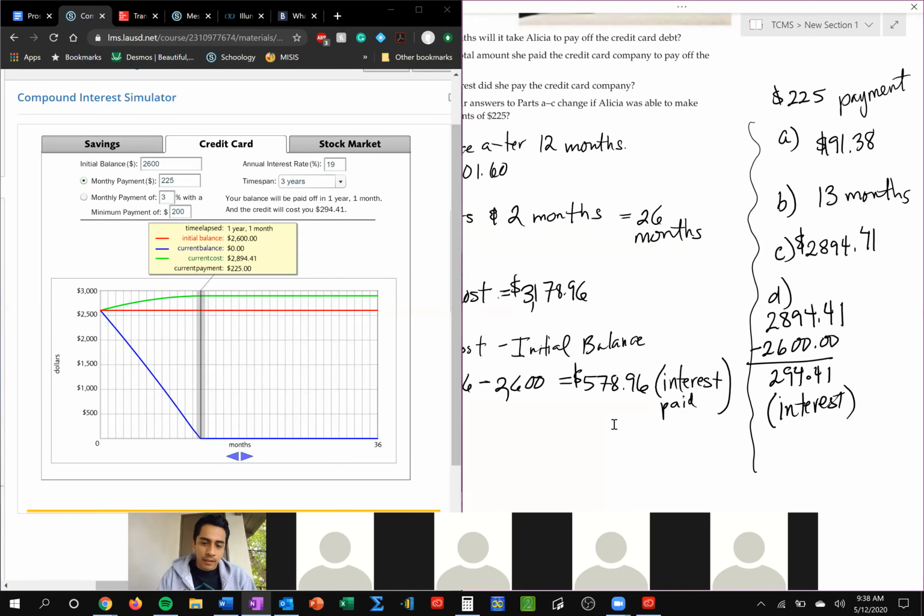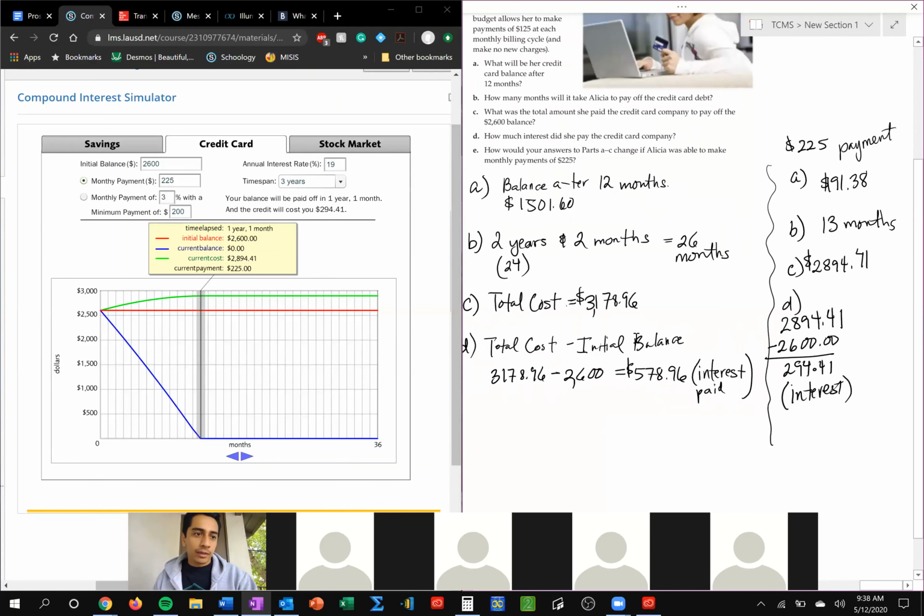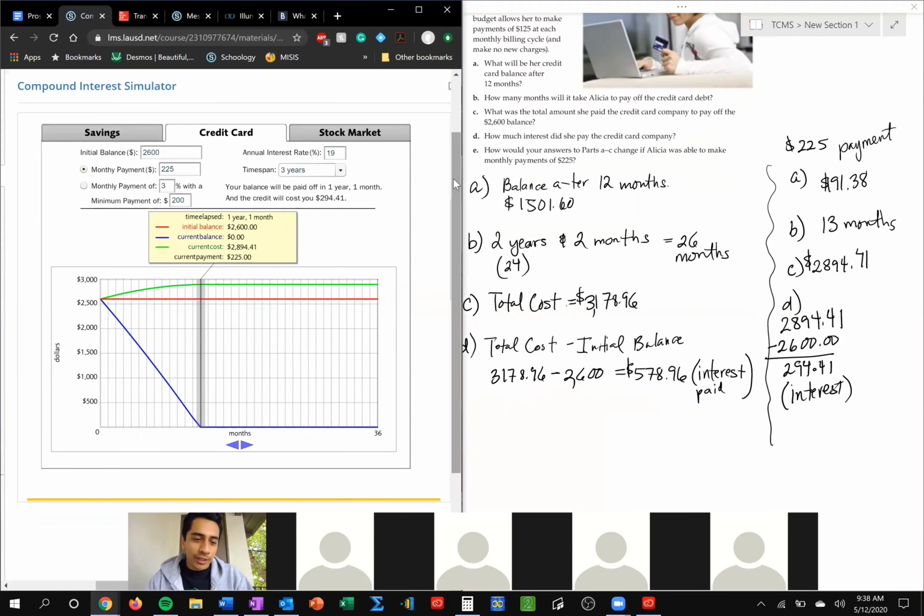All right. So there you can kind of see how to plan things out. So when you get a credit card and you want to think like, okay, I can't make payments that high, but I know I can make more than the minimum, you can kind of project here using a tool like this to really determine how much you want to send, and if you're willing to pay that much in interest, right?